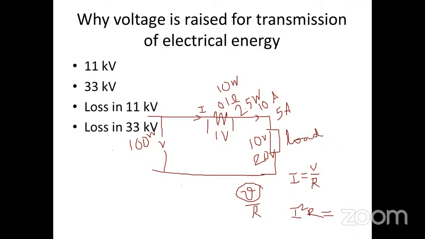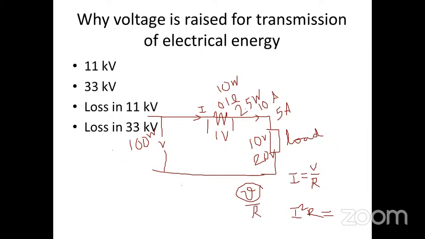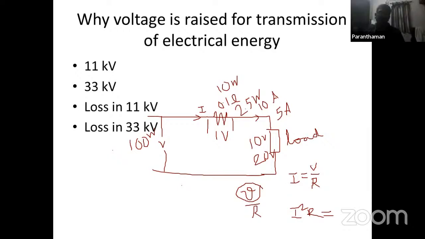One third for I, because it is I square, so it will come down to 1/9. 3 times, 3 square is 9. These are all the tiny information I just wanted to convey.